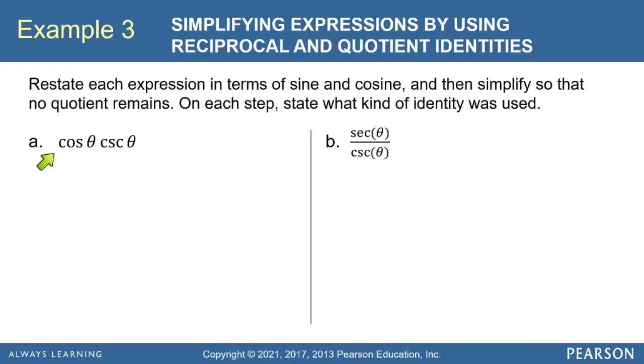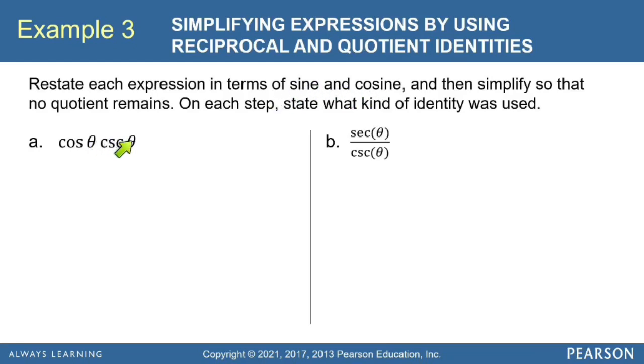So let's take part A here. We have cosine of theta times cosecant of theta. And remember, we want to restate these expressions in terms of sine and cosine. So the first thing I notice is that we have a cosine of theta here. That's fine. But this cosecant of theta right here, I want to restate in terms of sine and cosine.